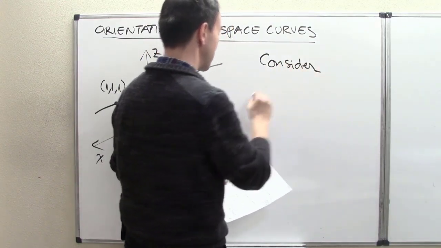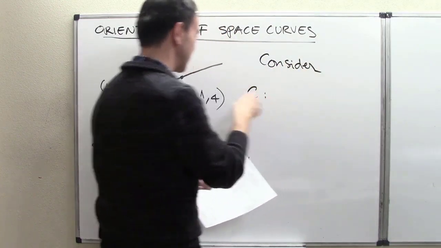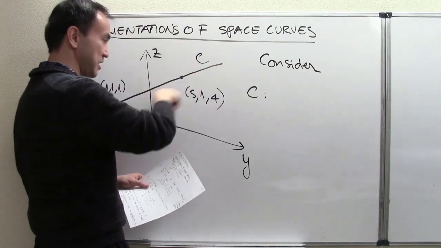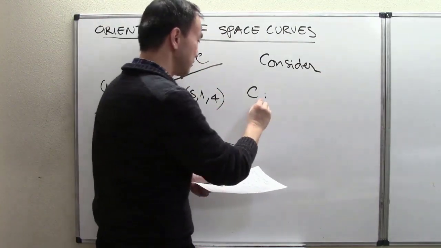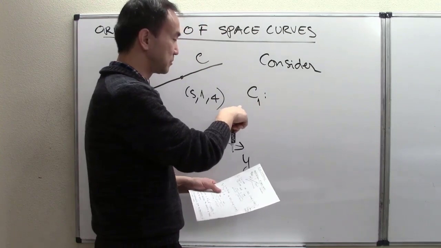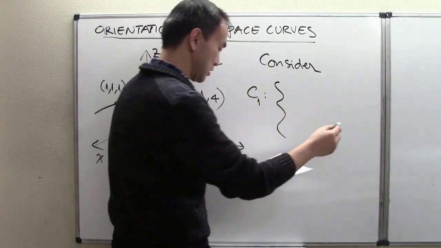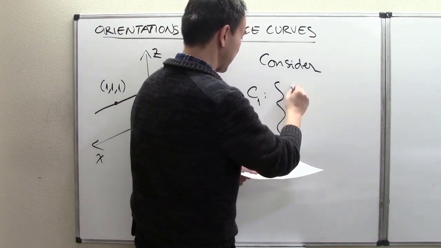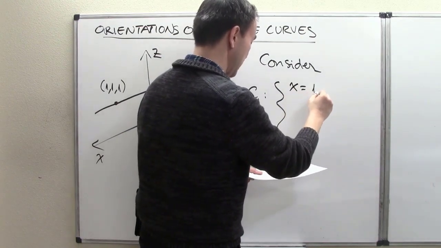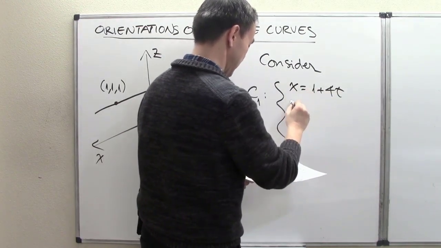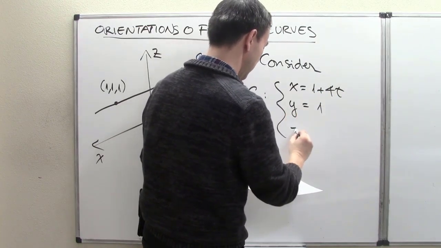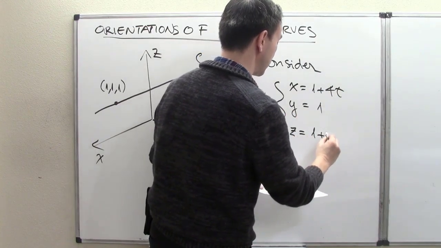So this curve here, we call it C. The first parameterization I'm about to give is x equals 1 plus 4t, y equals 1, and z equals 1 plus 3t.